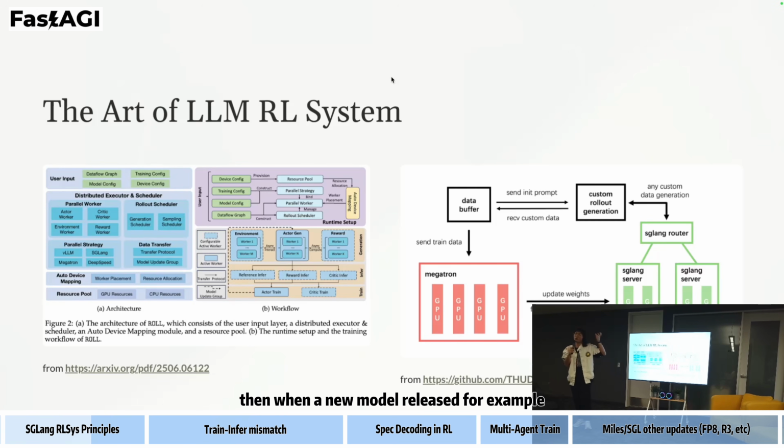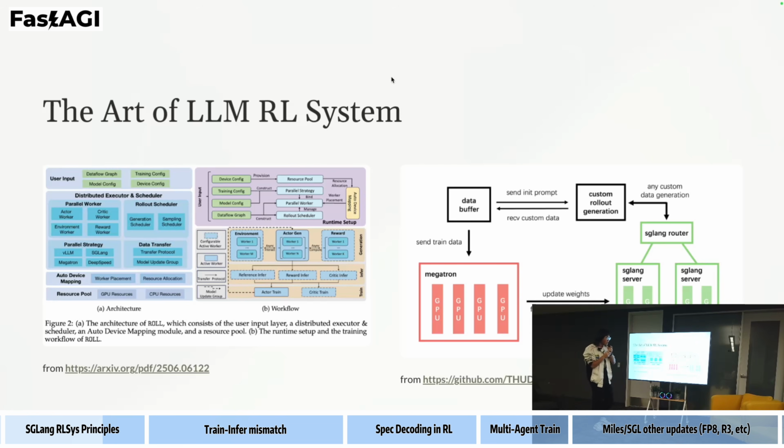Then when a new model is released, for example DeepSeek V4, you just update SGLang's version and that model should run in your RL pipeline immediately. Since you did not modify SGLang, you can just use the latest SGLang as long as SGLang CI is stable. So we use the SGLang router and SGLang server rather than the SGLang asynchronous engine or SGLang model worker, these strange classes.